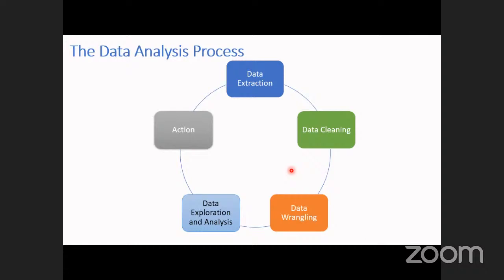Once you extract the data, you have to clean the data. Cleaning and wrangling, to me, they're the same thing, but wrangling here has to do with transforming the data. Maybe we mentioned yesterday, if you collected data from different countries using different currencies, you need to transform to a uniform currency. That's part of data wrangling.